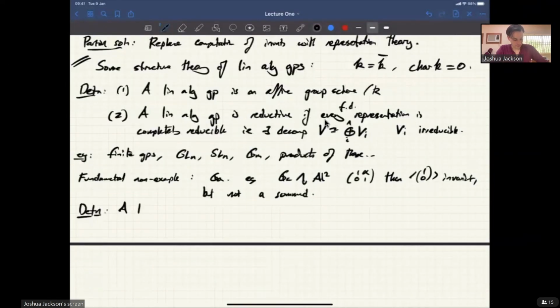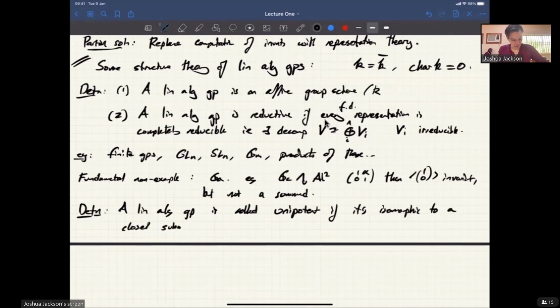A linear algebraic group is called unipotent if it's isomorphic to a closed subgroup of upper triangular matrices with ones on the diagonal, so 1's on the diagonal, 0's below, and whatever you like above, inside GL_n.